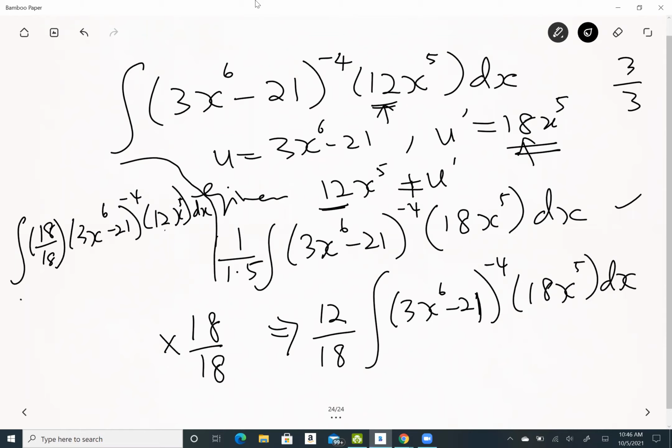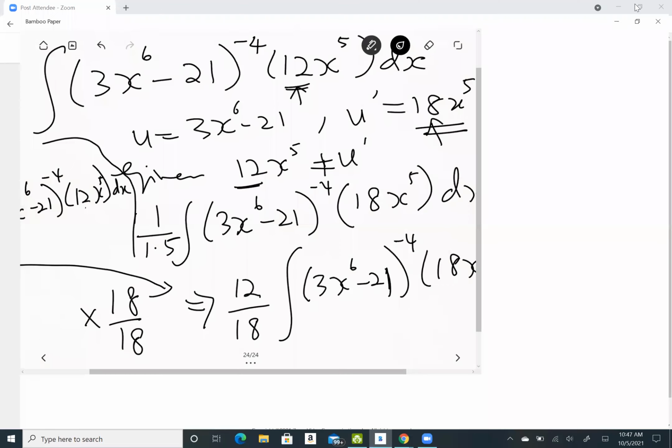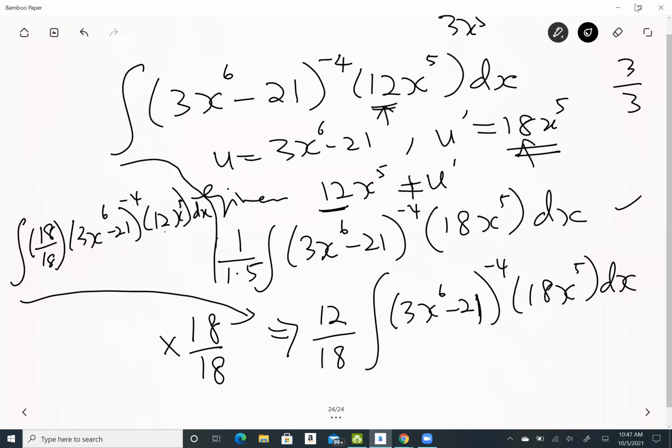From here, then only I got that thing. So you rearrange. The 12 and 18, you switch, and then you bring the constant out, which is now 12/18. You don't have to worry whatever the constant that you are given. It can give you 3, or 5, or 2, but what you need is you just multiply by the coefficient of the u prime, whatever it is. That will be the easiest thing to do.